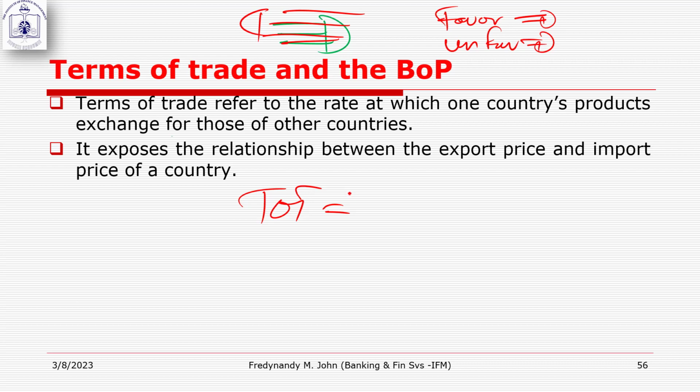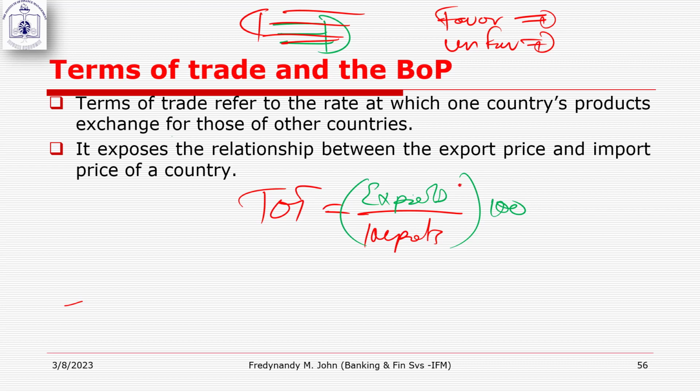Terms of trade is computed by taking the ratio of the volume of exports to that of imports. Multiply this by 100 in order to get your answer in percentage. Now, you see here, exports to imports.